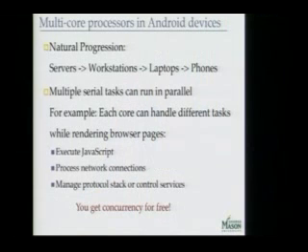Multi-core processors weren't common in Android phones in the beginning until Android version 1.6. There were no multi-processor devices, and therefore Android was not capable of handling multi-threaded programs.